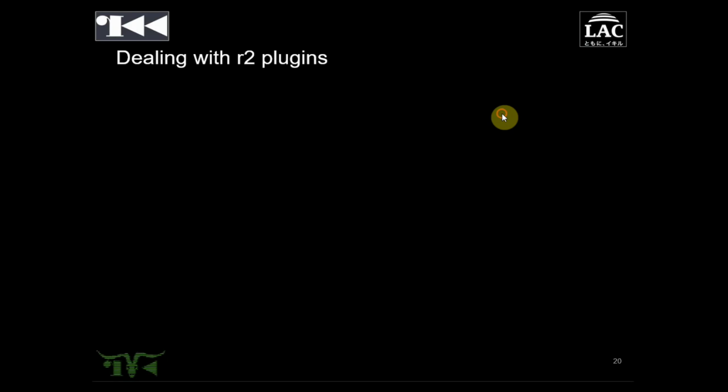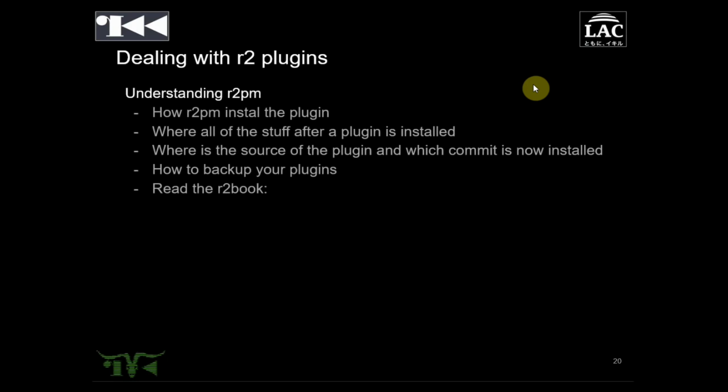So you have to understand what R2PM is and how R2PM can install a plugin, where all the stuff goes after the plugin is installed, and what source code and which commit of that plugin is currently being used by you.